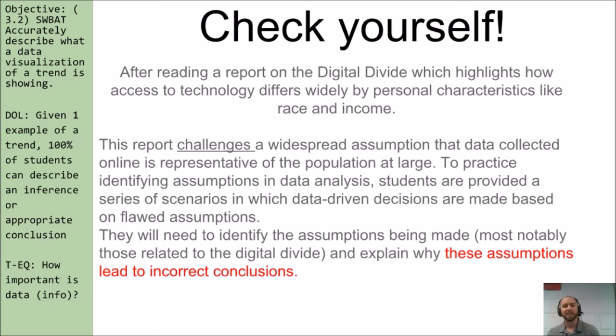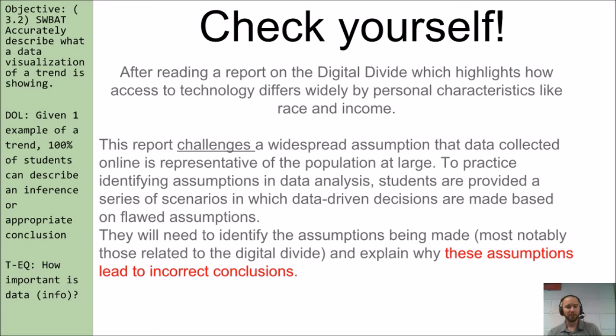To practice identifying assumptions in data analysis, students are provided a series of scenarios in which data-driven decisions are made based on flawed assumptions. So we need to be very careful when we're looking at data because assumptions could be flawed, okay? They will need to identify the assumptions being made, most notably those related to the digital divide, and explain why these assumptions lead to incorrect conclusions.